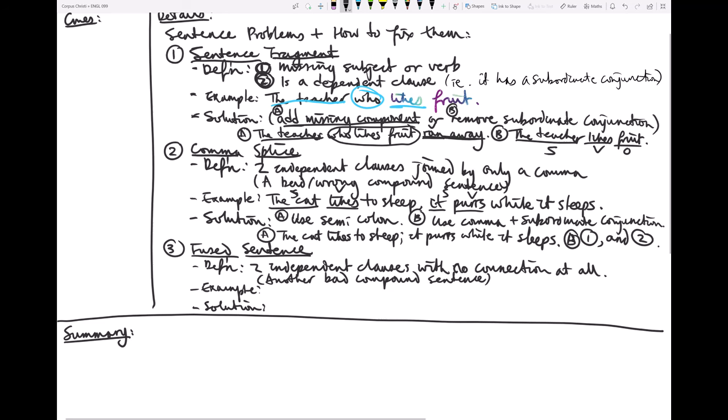Now the solution is very similar to a comma splice because you're trying to make a good compound sentence. Use semicolon or use comma and subordinate conjunction.